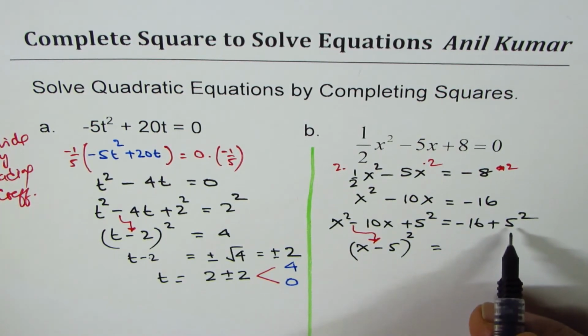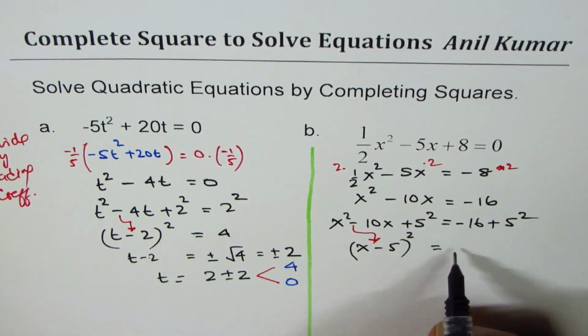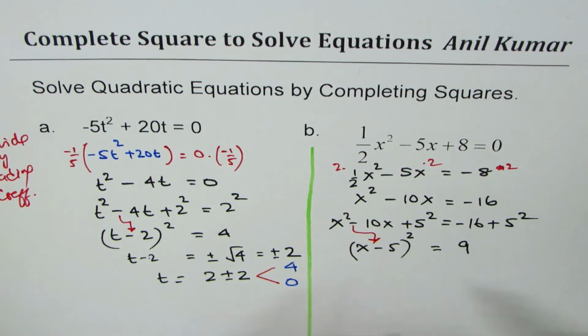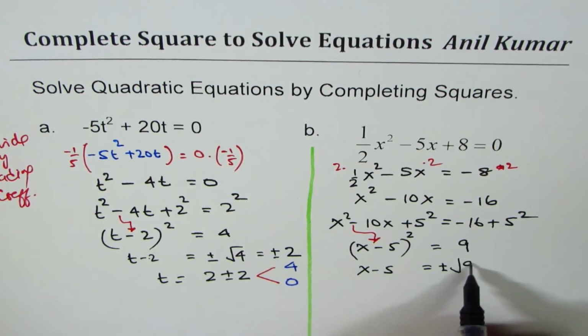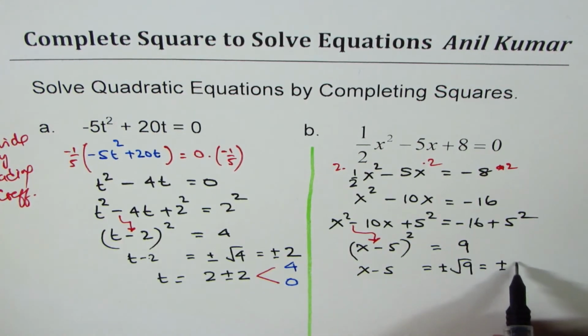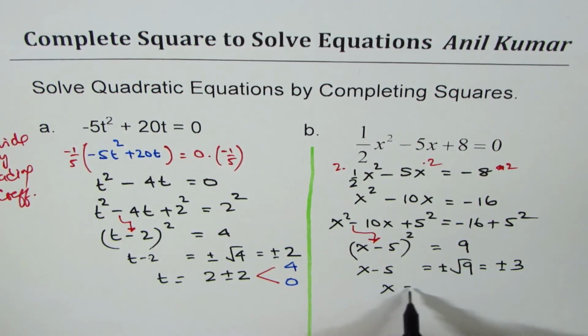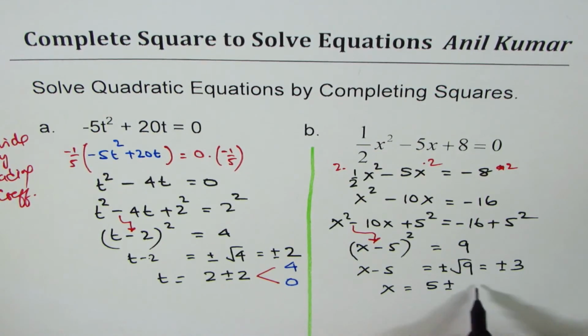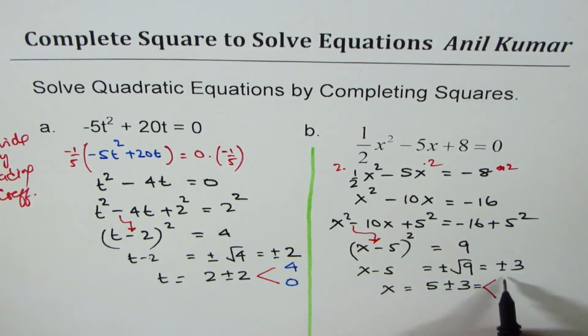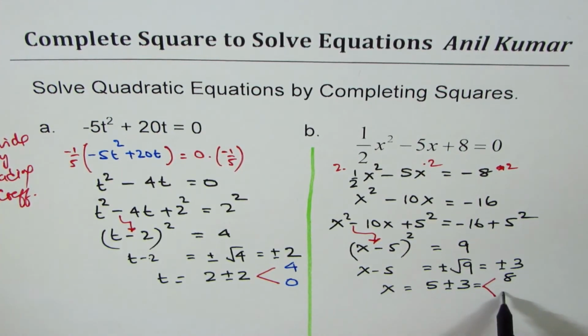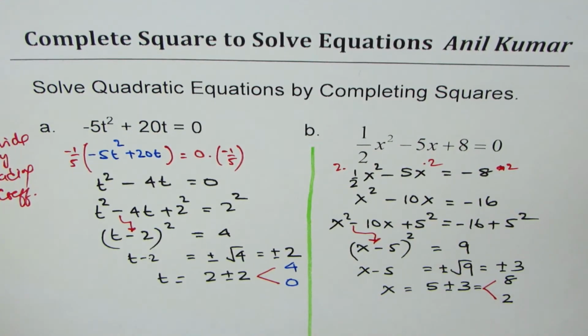So this is 25, right? So 25 take away 16 is 9. Then we get x minus 5 equals plus or minus the square root of 9, which is plus or minus 3. So x is equal to 5 plus or minus 3. And that gives you two answers, right? One is 5 plus 3, 8, and 5 minus 3, 2. So these are the two solutions.